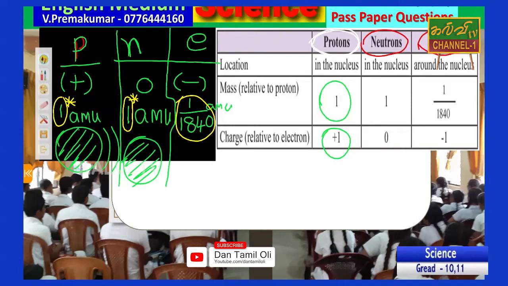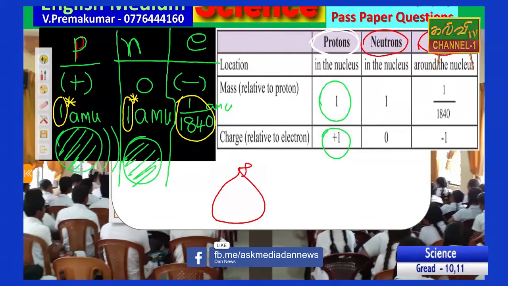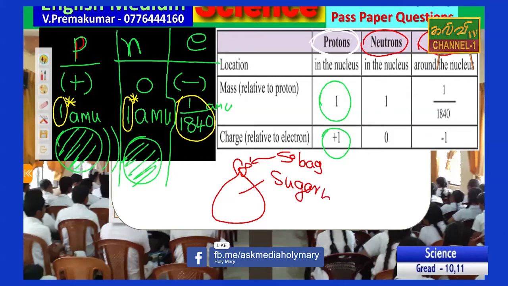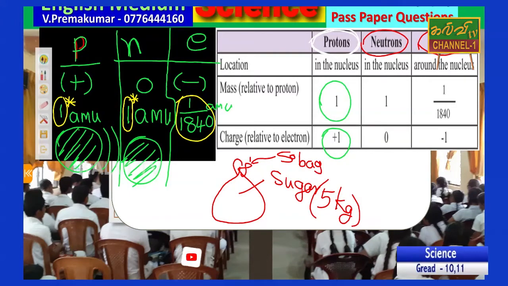Electrons are very small. You know, when you purchase sugar in a shopping bag or polythene bag, 5 kilograms of sugar with a bag, the bag is maybe 0.5 grams.